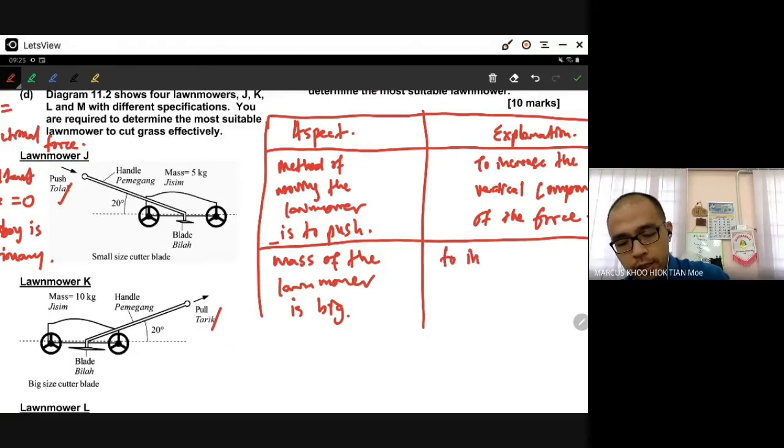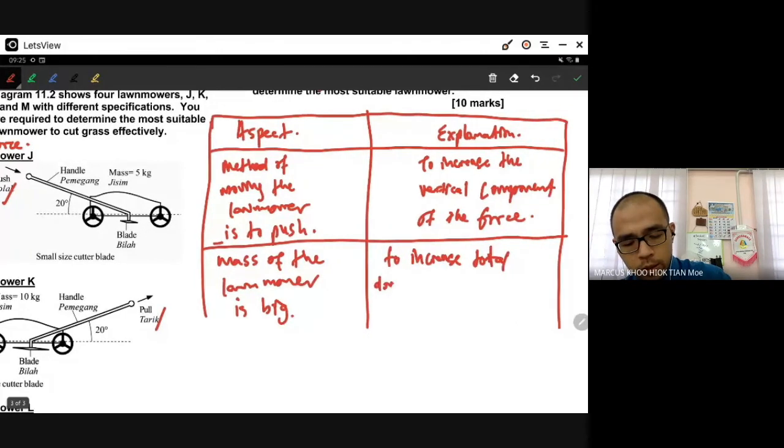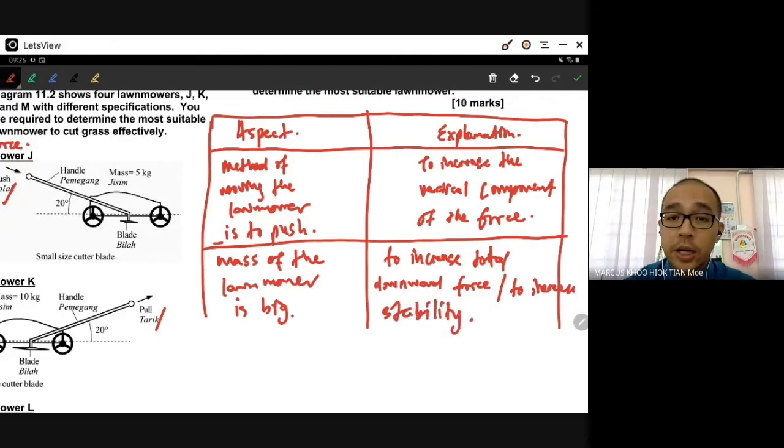Okay, to increase the total downward force, that's a good answer. Or you can also say to increase stability. That's also a good answer.